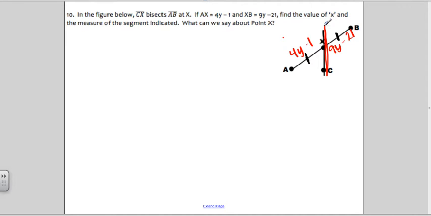I'm going to set up 4y minus 1 equals 9y minus 21.